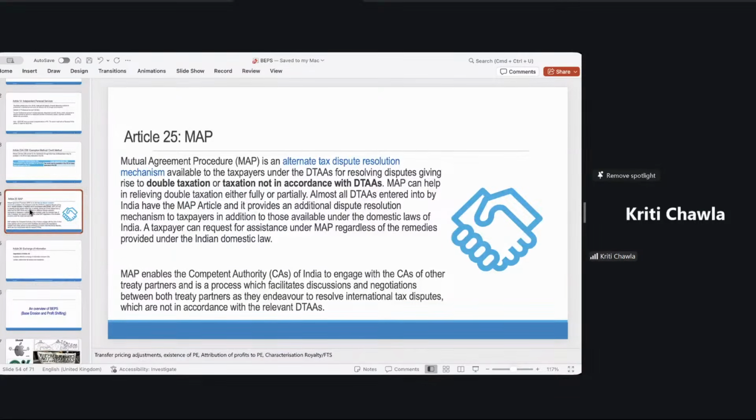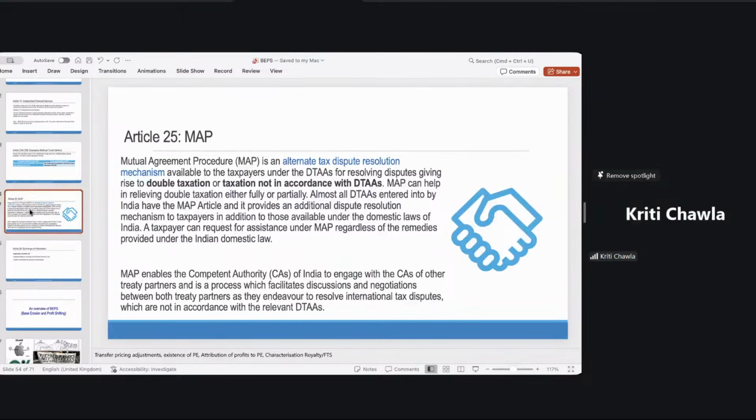So what happens in MAP is that it enables the competent authorities of India to engage with the competent authorities of treaty partners of another nation, and then they get into discussions and negotiations between both treaty partners, and they endeavor to resolve international tax disputes which are not in accordance with the tax treaties.